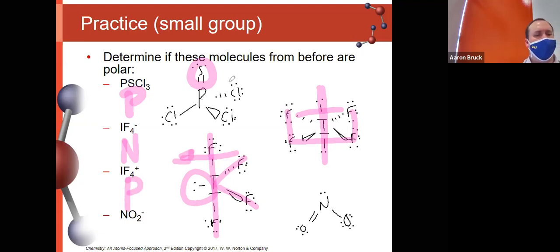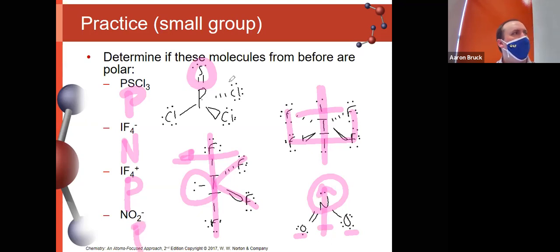This is a polar molecule. Same kind of thing in the nitrite ion. That lone pair is different than these oxygens. Net direction toward the lone pair, polar ion.